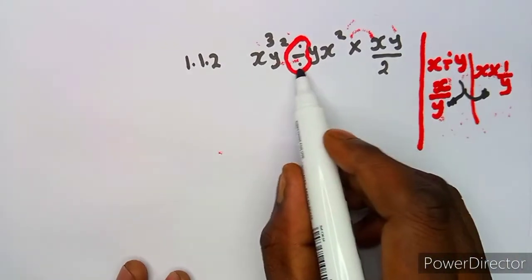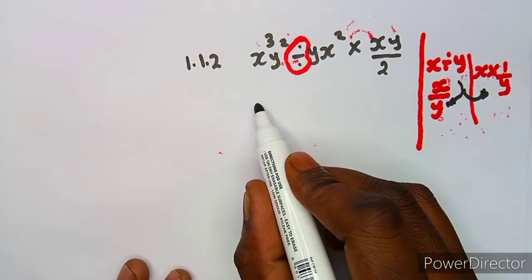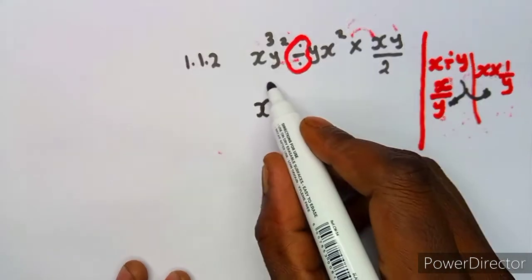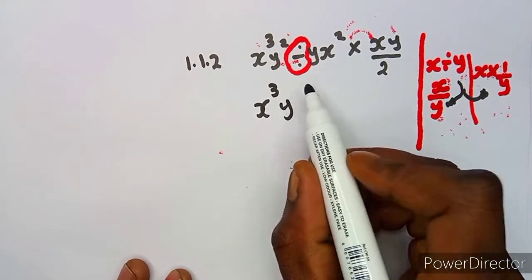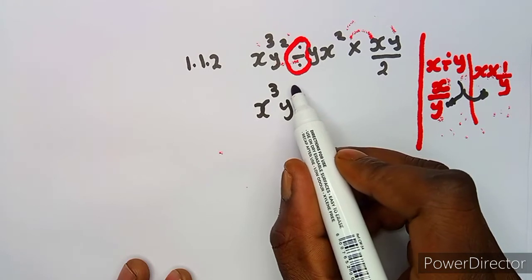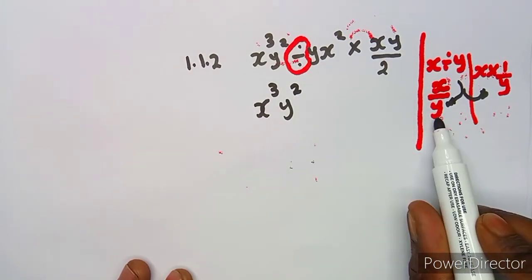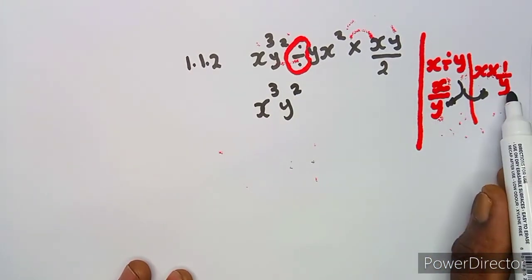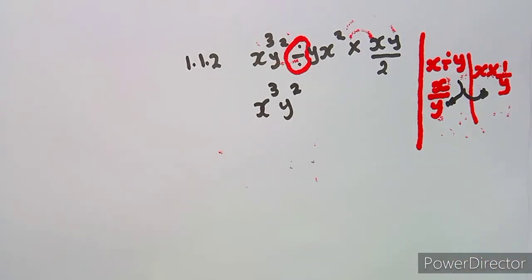So this is what is happening here. We can choose to write it as x to the exponent of 3 y to the exponent of 2, over this part, or multiply by this part. So it's still one and the same thing.